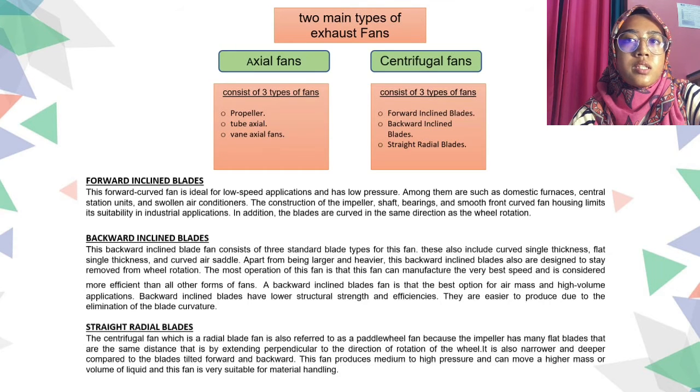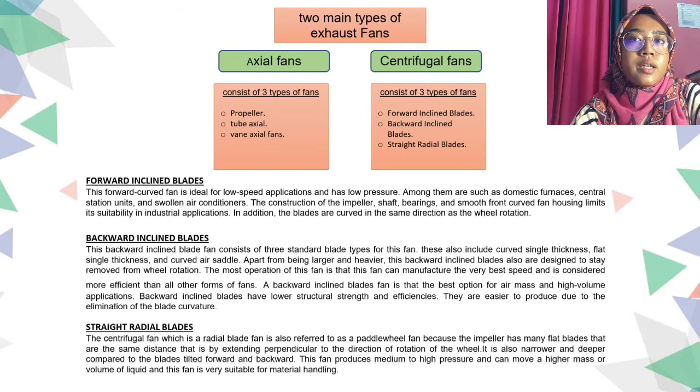The most notable feature of this fan is that it can operate at very high speed and is considered more efficient than all other forms of fan. The backward inclined blade fan is the best option for air mass and high volume applications.